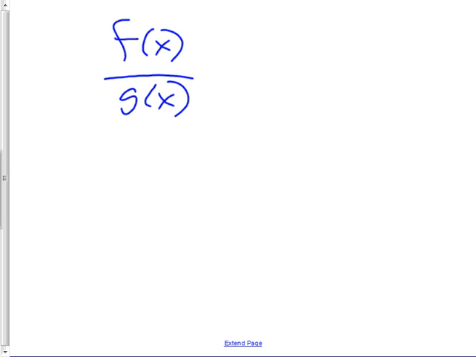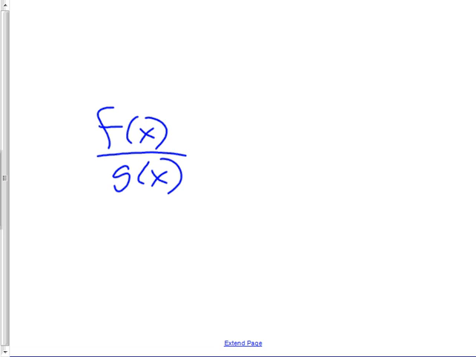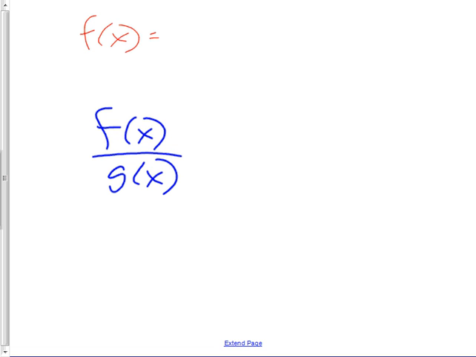When f of x and g of x were alone, would you agree that it was okay for g of x to be 0 back when it was just a g of x? Functions are allowed to be 0, aren't they? So couldn't g of x be 0? Yeah, it's not crashing if it equals 0. It's only crashing if there's a 0 on the bottom. But when I put the g of x on the bottom, all of a sudden the g of x that used to be okay to be 0 now can't be 0.